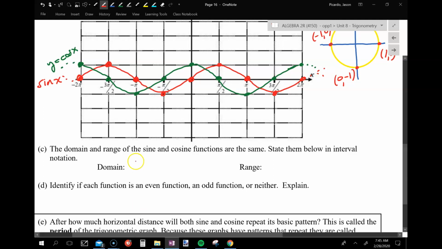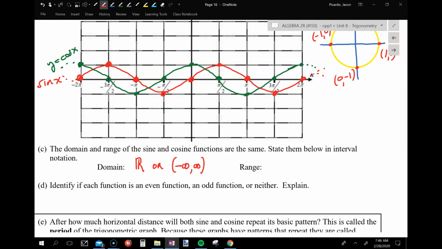So the domain is going to be all reals. And in interval notation, all reals is the same as -infinity to +infinity.